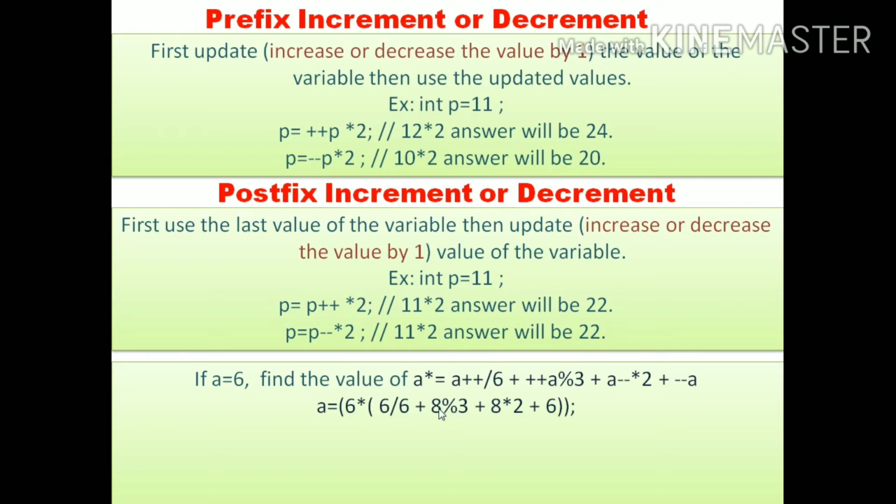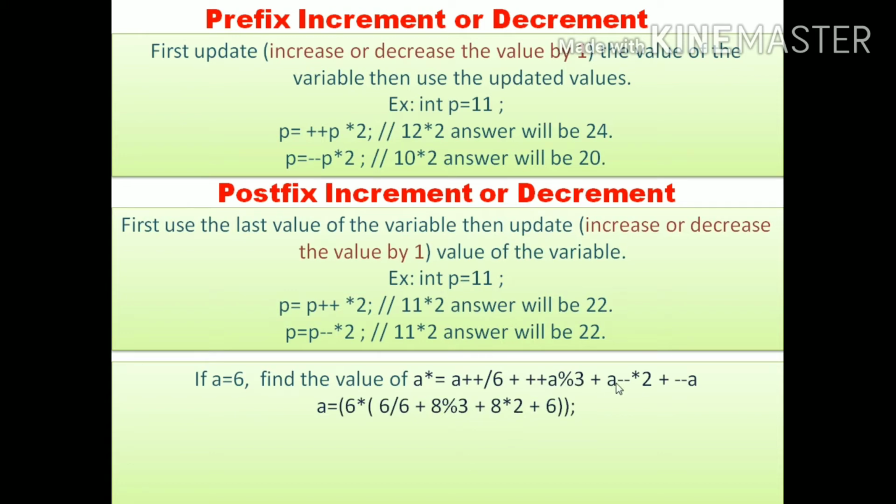How? a++ means you use the last value, that is 6, and in memory the value will be updated. So the value will be 7 at that location, and here ++a means 7 incremented by 1, so we use the value of a as 8, so 8 mod 3 plus 8 multiply 2.